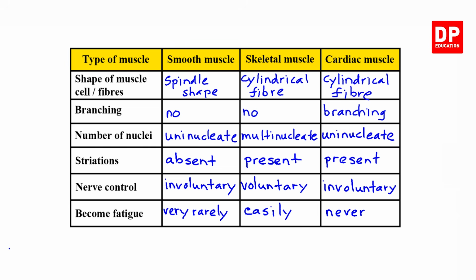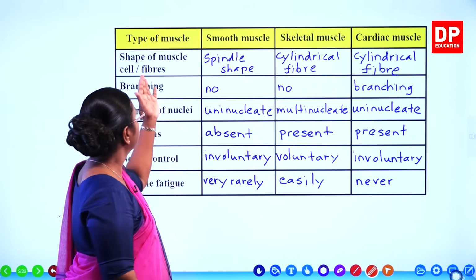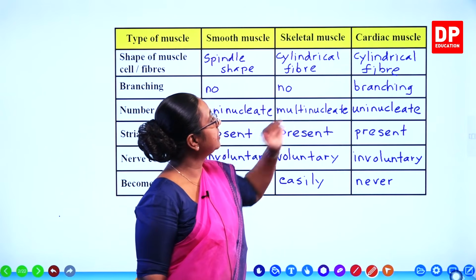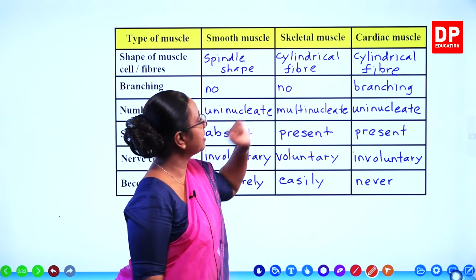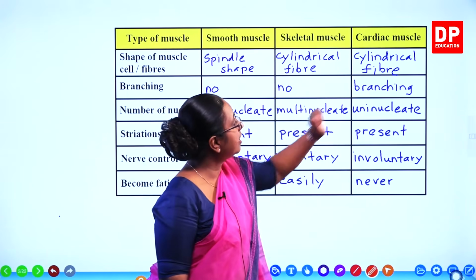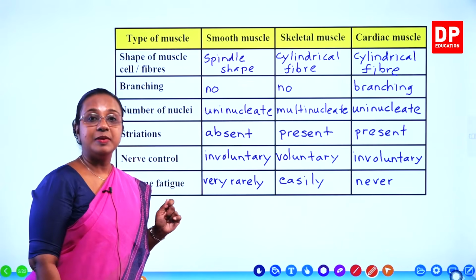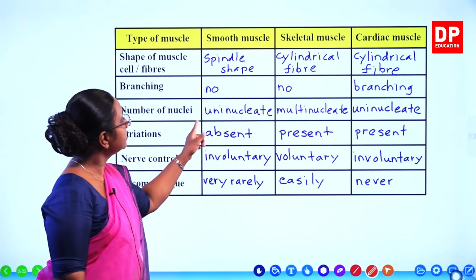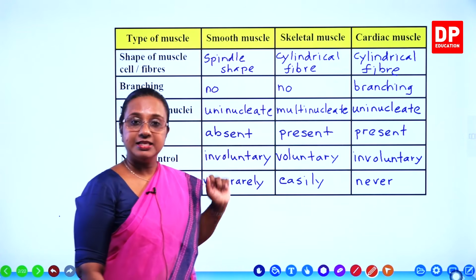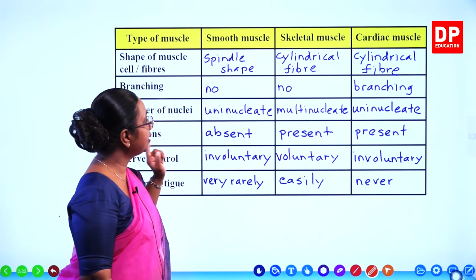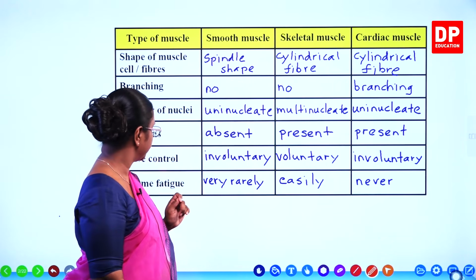So now you can see similarities and differences. Shape, skeletal muscle and cardiac muscle are cylindrical, but skeletal muscle is unbranched, cardiac muscle is branched. Smooth muscle is spindle shaped. Nucleus, smooth and cardiac are similar. Skeletal is different. Striations again, skeletal and cardiac both have striations.